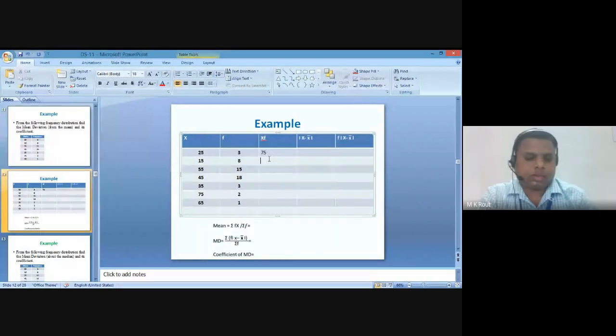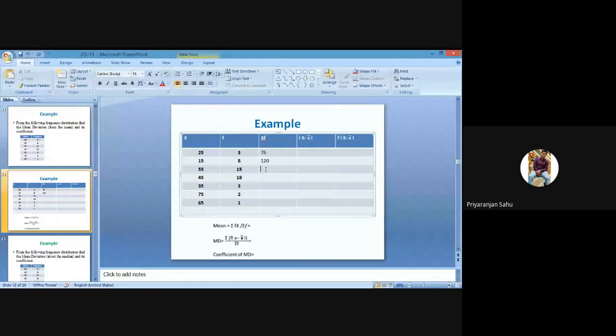It is my request to all of you to be ready with pen and paper. This is not a theoretical paper. This decision science is a numerical paper, so whenever we solve a problem, from your side as well as mine, you have to note it down. The next one is 55 into 15. How much? 825.